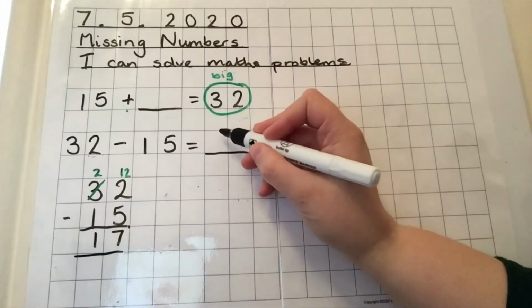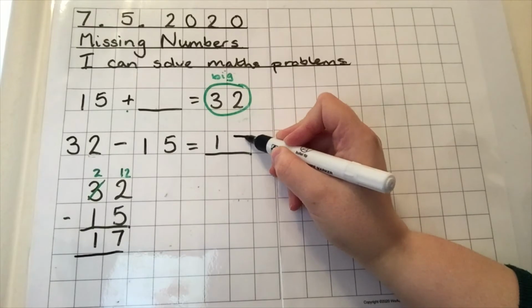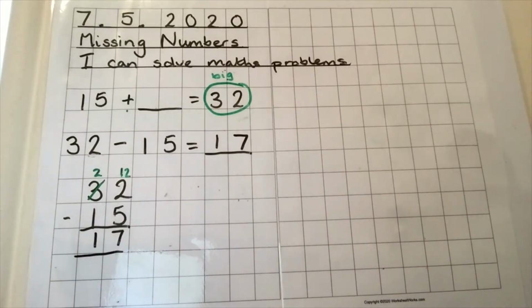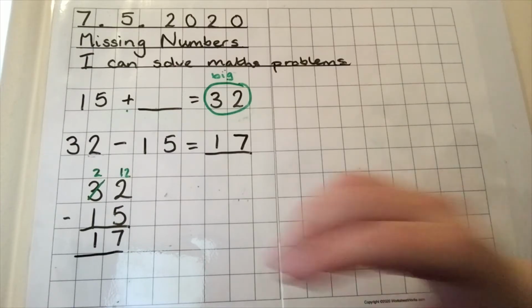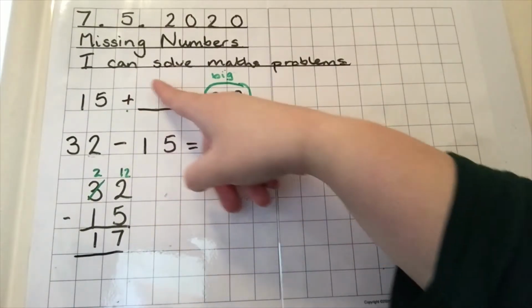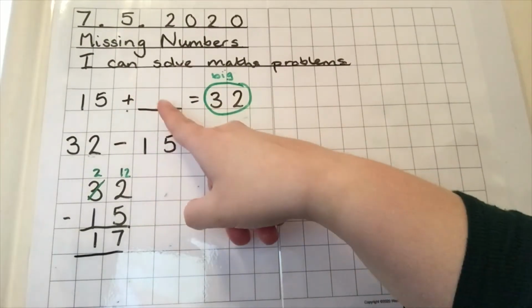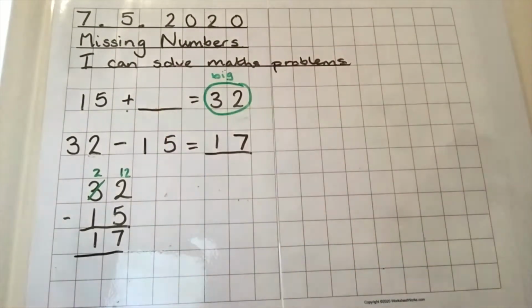And I get the answer 17, which I then put back into my equation. So that's what we do if it's an add and the middle number is missing.